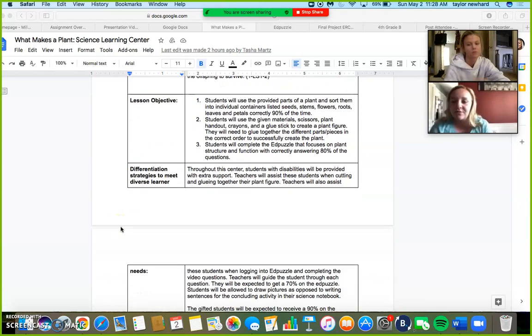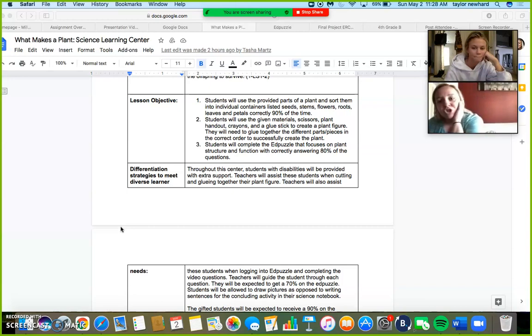For our objectives, we've got one that relates to each of our centers. So the first one is students will use the provided parts of a plant and sort them in the individual containers listed: seeds, stems, flowers, roots, leaves, petals. And we wanted them to do this correctly 90% of the time. Part of our group is with the teacher, so part of that one is discussing any of the ones that they got wrong and seeing their thinking behind it.